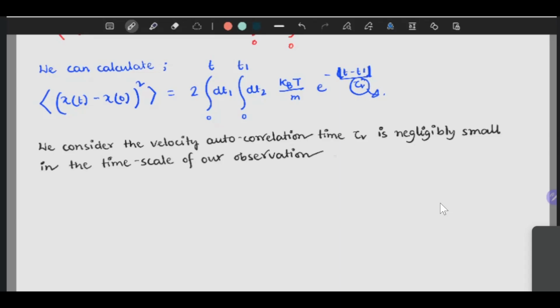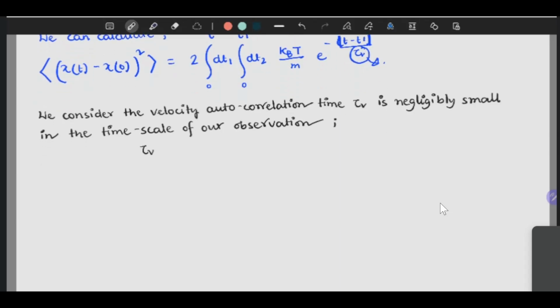That means tau v is very small compared to t.